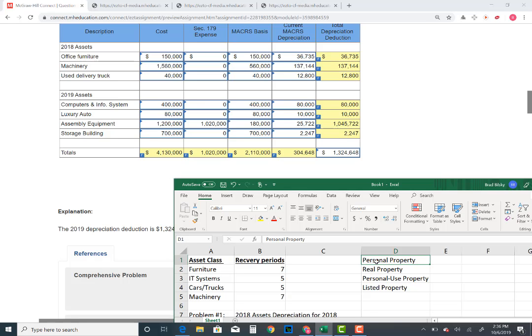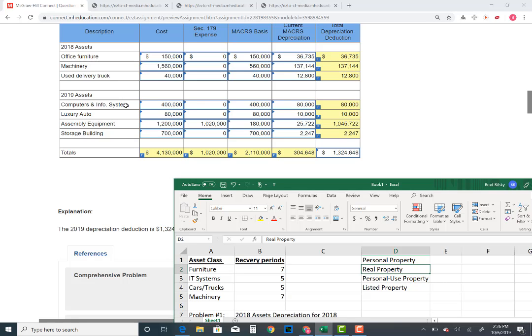Just keep in mind, trucks, equipment, furniture, that's personal property. It's something tangible and something real you could put your hands on. We're going to talk about intangible property in a minute, but it falls under personal property. A storage building is going to go under real property. So we're going to have to use different depreciation methods for the storage building as opposed to these other assets.